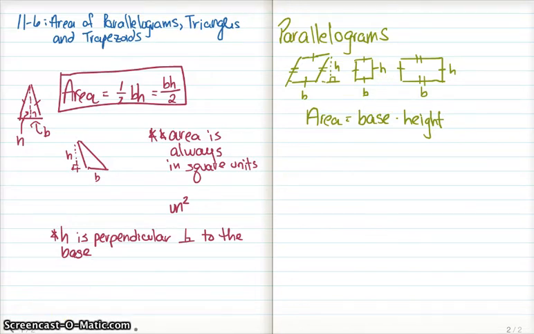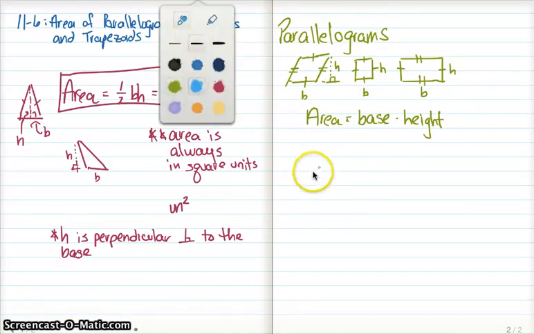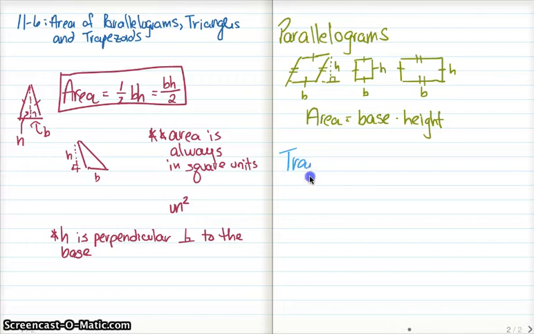Now let's review trapezoids. With a trapezoid, just as a reminder, it has one pair of parallel sides. So it could look something like this, or it could look like this.